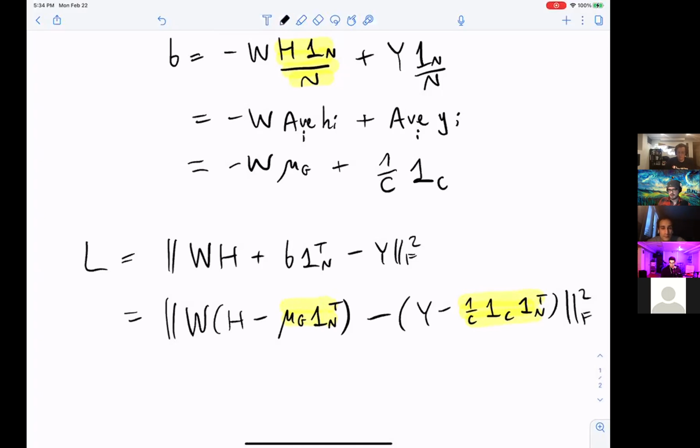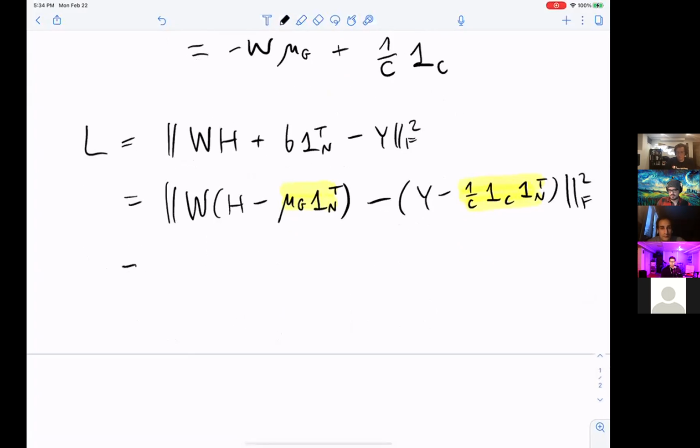Okay, now notice at this point, we can simplify this expression just by introducing a new intuitive notation. So how would you call H minus mu G 1 transpose if you were to give it a name? First, a verbal name. What does H minus mu G1 transpose do?